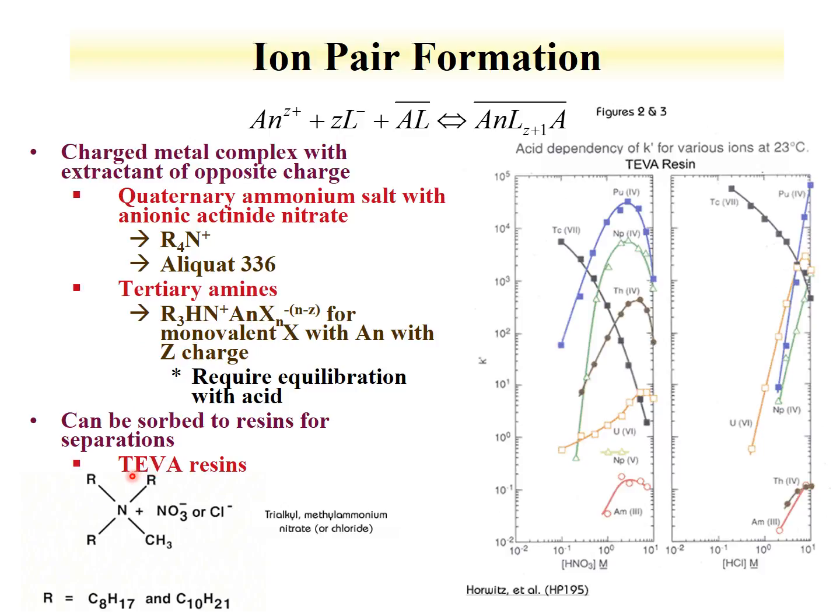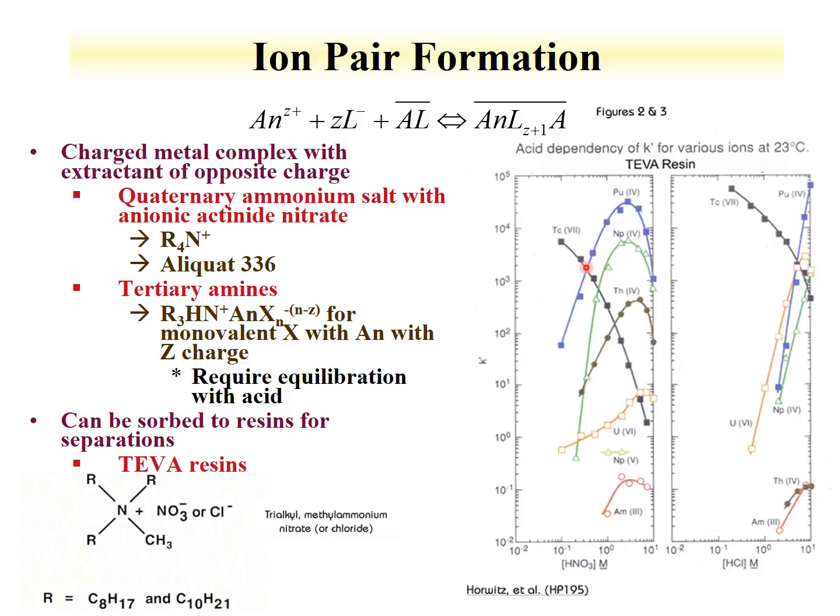For instance, the TEVA resin uses an amine system which can have nitrate or chlorides. You can pass over an anionically charged actinide species, for instance actinide chlorides and actinide nitrates, which are shown here. So this is again a distribution.